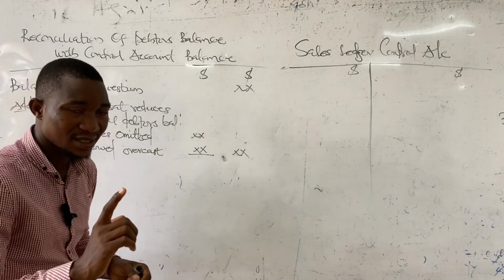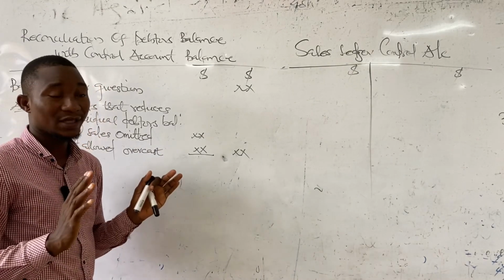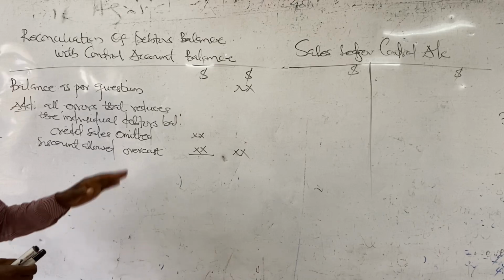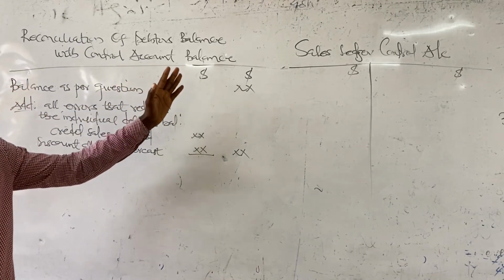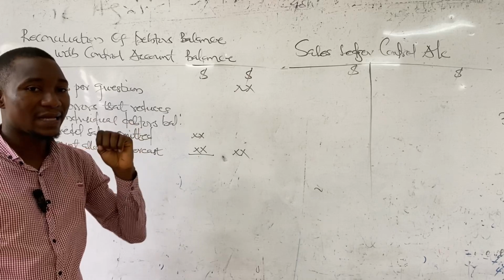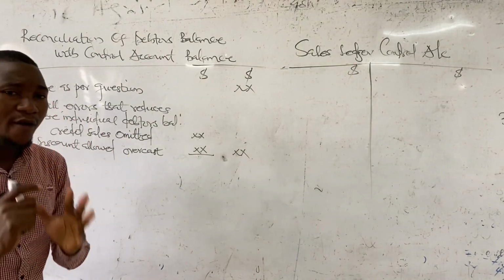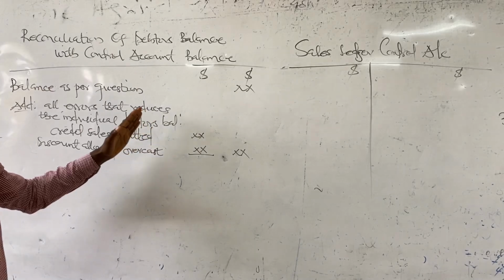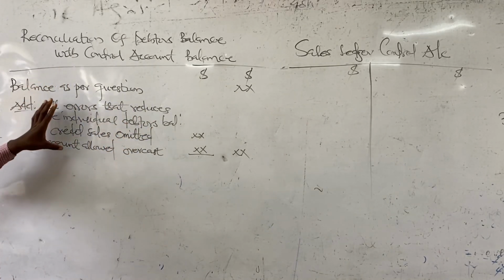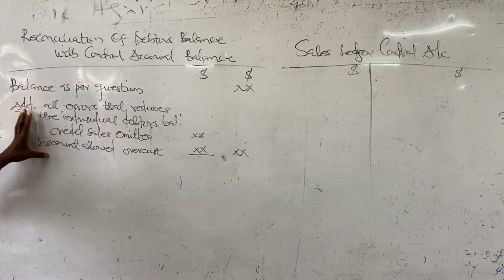But take note that this is very important. In reconciling the individual debtors balance with that of the control account balance, any errors that affect the individual debtors should be reconciled in the reconciliation of individual debtors accounts.